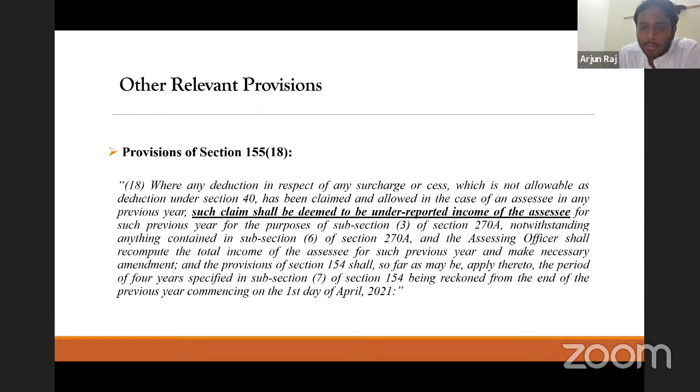Such claim shall be deemed to be underreporting of the income for such purpose, notwithstanding anything contained in subsection 6. So the exceptions carved out in subsection 6 also cannot be harped upon in this scenario. And the AO is also being given power to pass a 154 order. So this is a specific scenario where 270A has been deemed to be attracted.